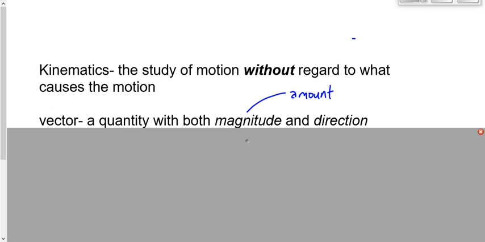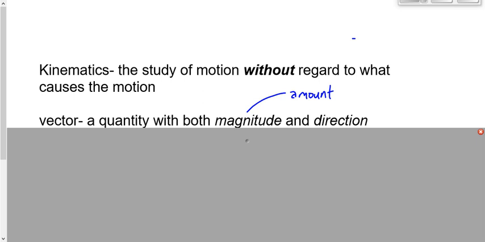I'm traveling at 30 kilometers per hour. That's how big it is that I'm moving, how fast I'm moving. My mass is 73 kilograms. That's how big I am, the amount of mass that I have. Versus direction, which is an arrow representing which way something is, right?